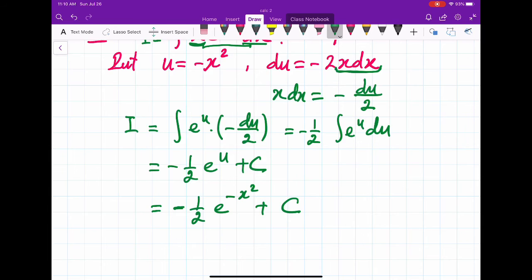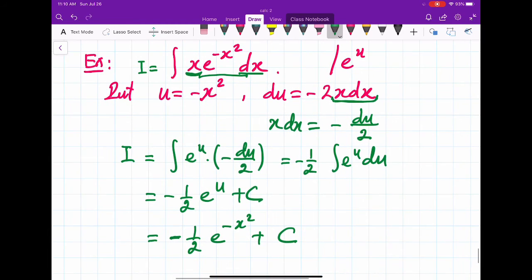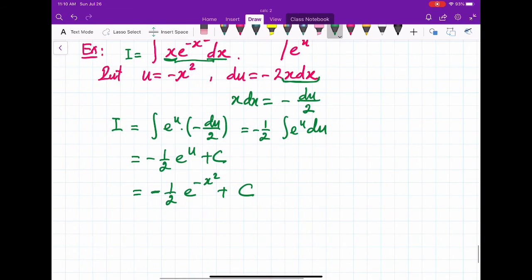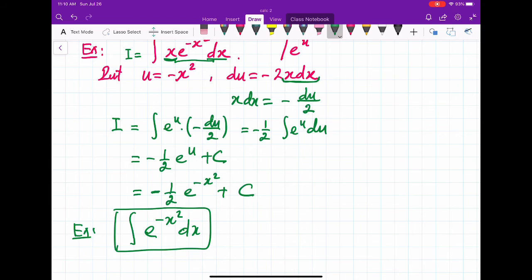So it's not that bad, right? But from this example, we can say if they give you the following integral, there's no way to solve that. Integral of e to the x squared dx. There's no way, right? We don't know. At this moment, we don't know how to solve such an integral. But in the future, yes.